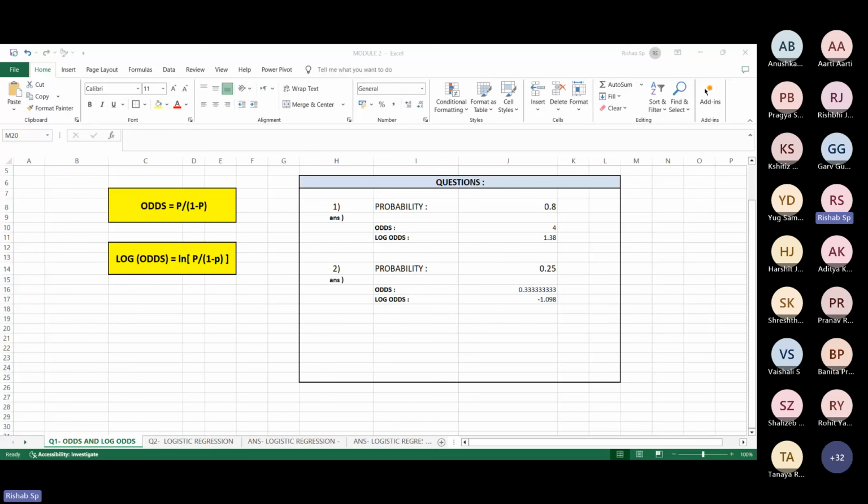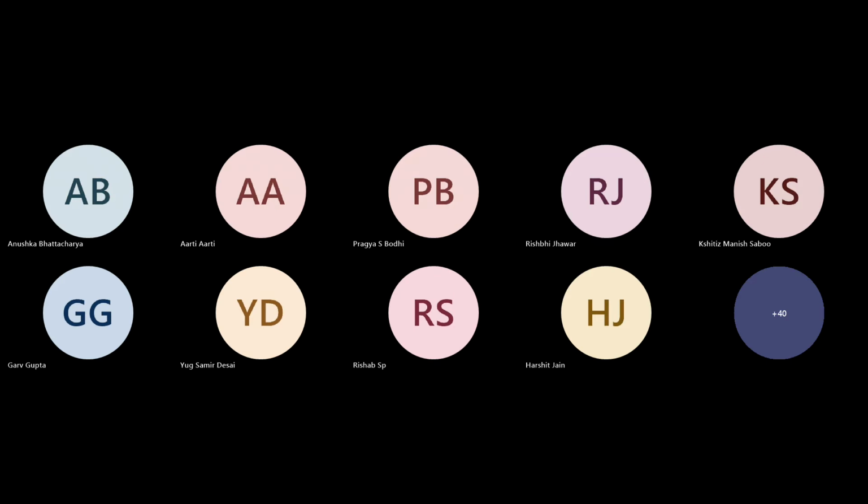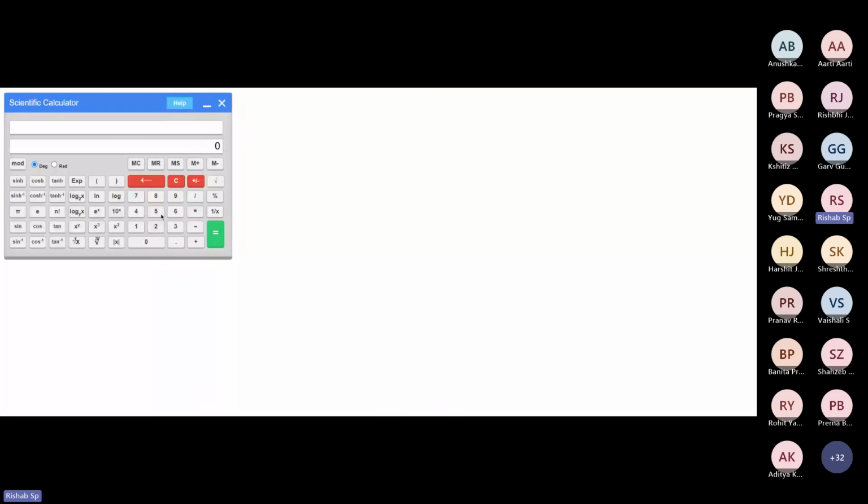The most important thing is the log value, because you should be pressing the ln key, otherwise your answer can be wrong. Let's assume if I wrote 4 log, I'm getting a different answer.